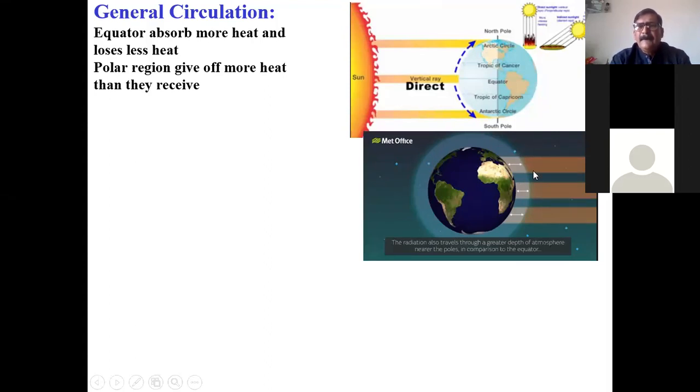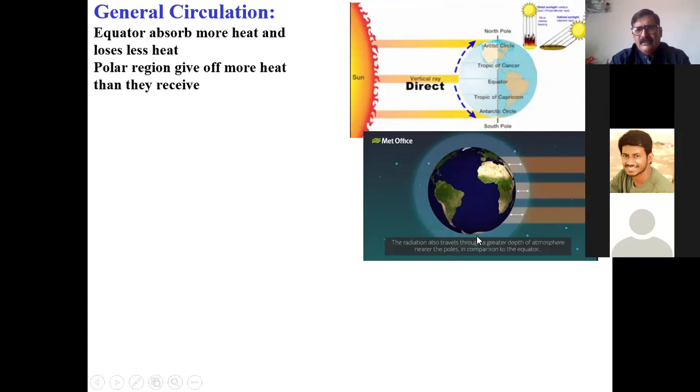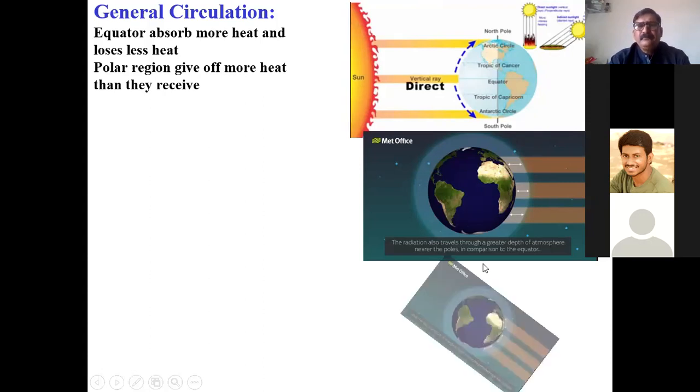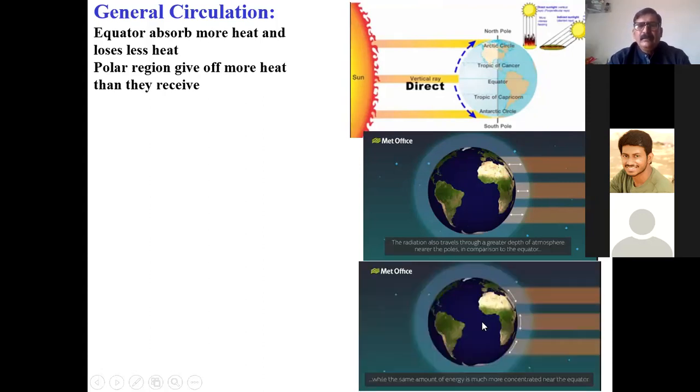If you receive the radiation straight, the energy is more, and inclined radiation is received at both poles, north pole and south pole, meaning the energy received is less per unit area, because the area covered is more.